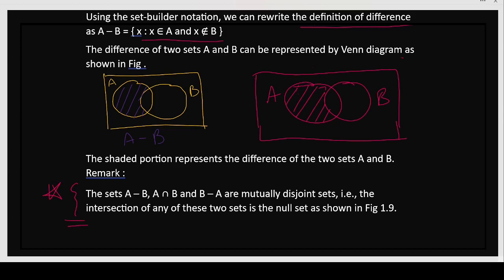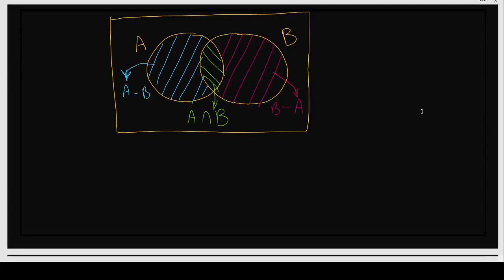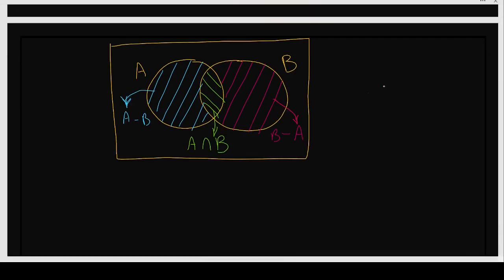A minus B, A intersection B and B minus A are mutually disjoint. I will show in the next slide. See, this is set A, this is B. What is A minus B?